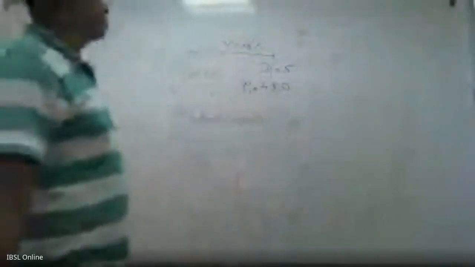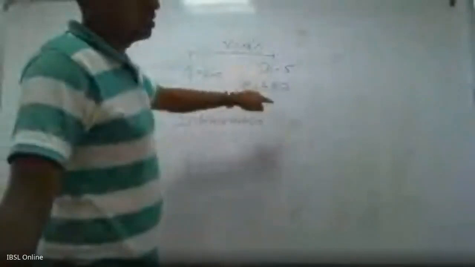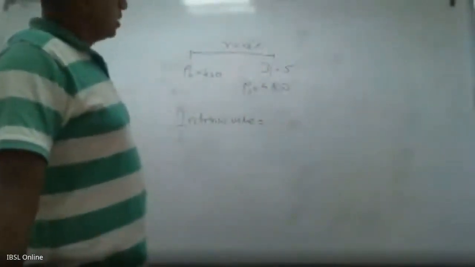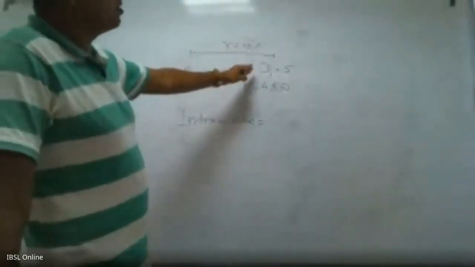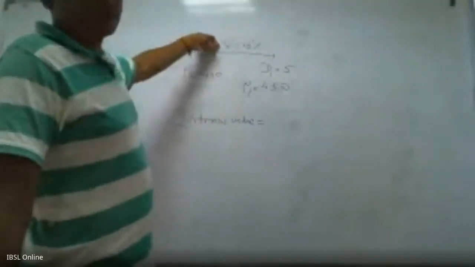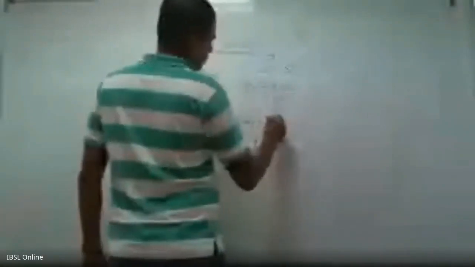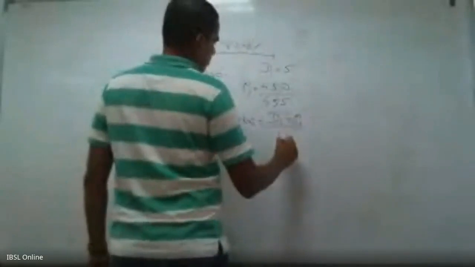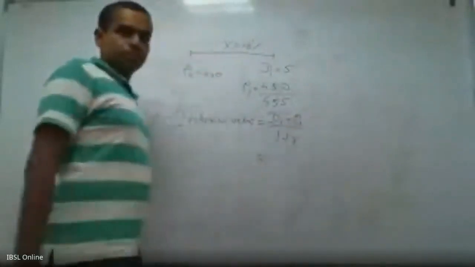Now, if you look at this, you see them paying a dividend of $5 in 1 year, then the price going up to $450 in 1 year. Your expected return is 10%. So you see values coming 1 year from today, and you also see a required rate of return. So the concept you should use is time value of money. After 1 year, you get a total of $455. It's D1 plus the price over 1 plus R, the formula that you did earlier.